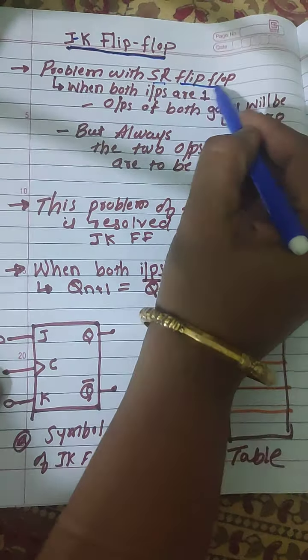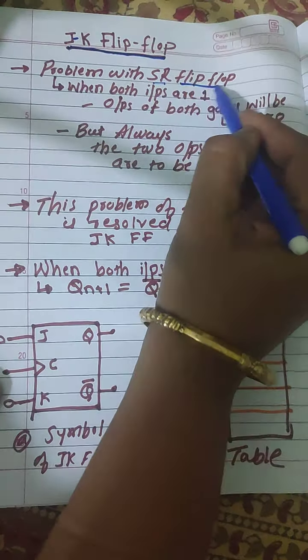In the SR flip-flop this was a forbidden state, but right now we are getting the complement of Qn, which means the complement of the present state. This is the only difference in the truth table of JK and SR. Next we are going to see the block diagram and the working, and perform the analysis of the operation.